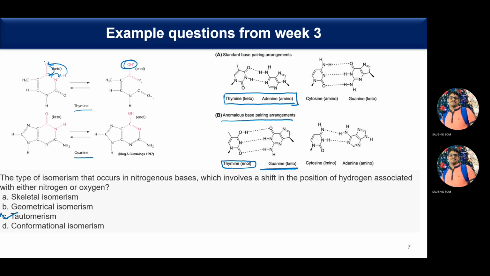As you can think, if you know about replication, I hope many of you know, if I have a sequence like this, and the reverse sequence will be T A C C G T, right?